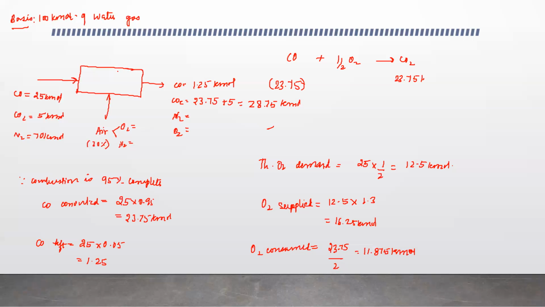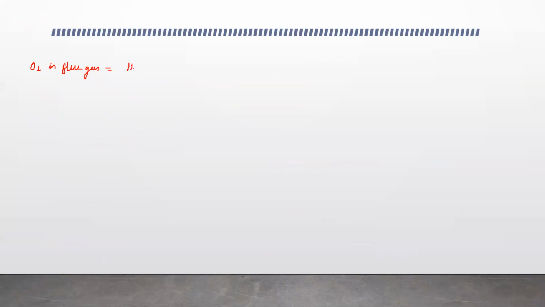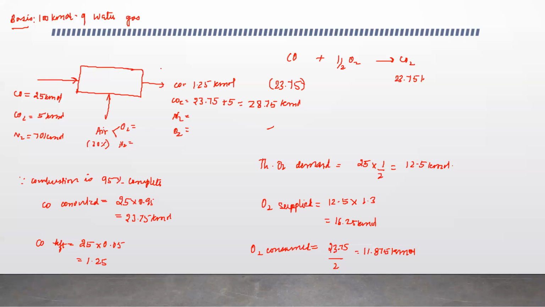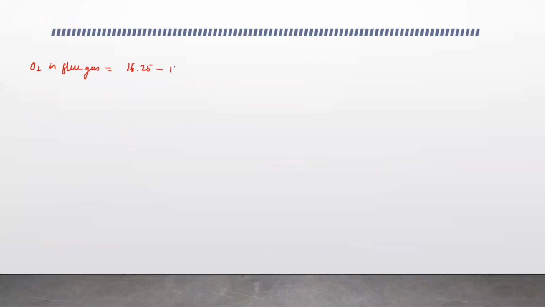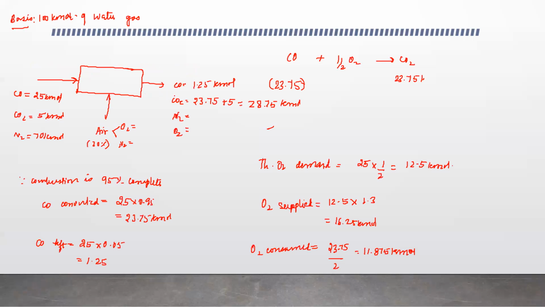Therefore, oxygen in flue gas is oxygen supplied 16.25 minus oxygen consumed 11.875, that is 4.375 kilomole.